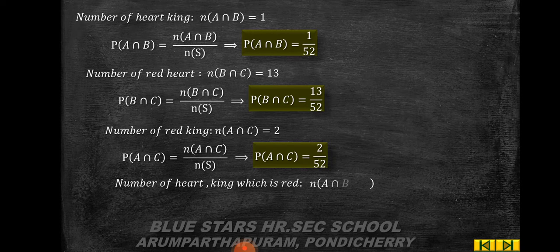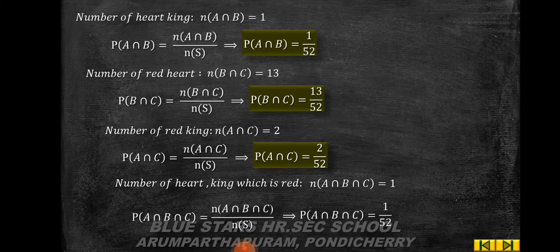Then the number of heart kings which are red, N of A intersection B intersection C, is equal to 1. So P of A intersection B intersection C is equal to N of A intersection B intersection C by N of S, which implies probability of A intersection B intersection C is equal to 1 by 52.